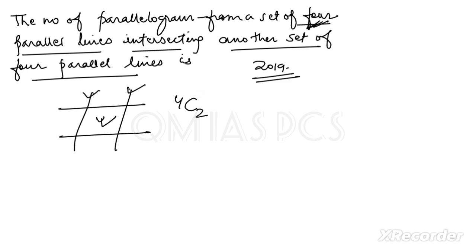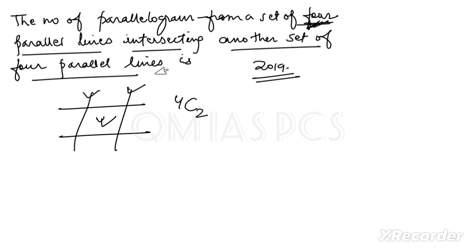So this is your first condition, when we are taking 2 at a time from the first set, it will be 4C2. We are not taking permutation, we are taking combination, because we are selecting the things, right?